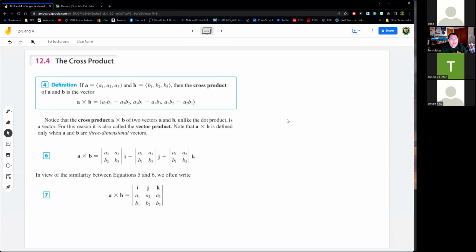The cross product only works when A and B are 3-dimensional vectors. So you will not see these in 2-dimensional vectors, because what we're looking for with a cross product, one of the things we're using it for, is to be able to find a vector that is perpendicular to 2 other vectors.